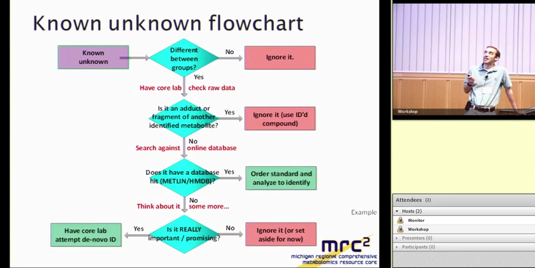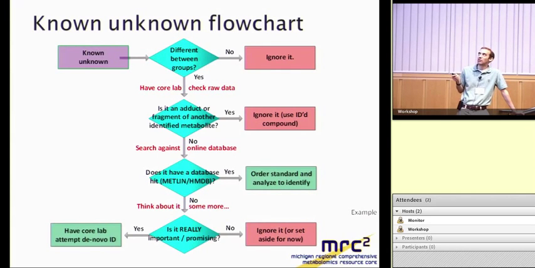Okay, say yes, it is different between groups. My recommendation is that for those compounds that look potentially interesting, you have the core lab look at the raw data. They can tell you, based on their best opinion, maybe not with 100% accuracy, whether this is really the unique feature in that mass spectrum that deserves to be considered a potential putative metabolite in its own right, or whether it looks like an adduct or a fragment or some other artifact of another metabolite.